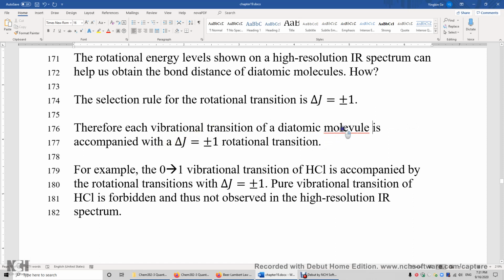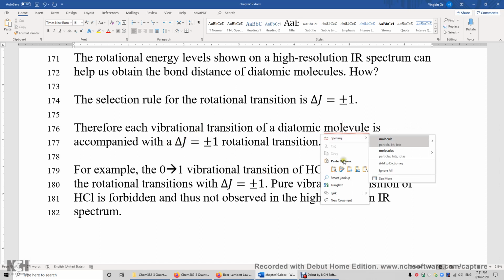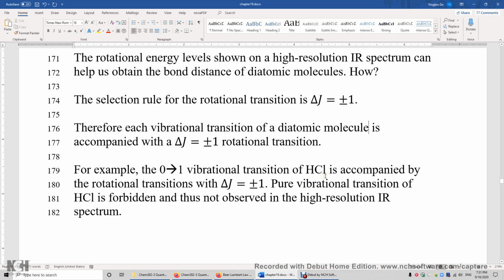For example, if we are looking at the 0 to 1 vibrational transition of HCl, it's always accompanied by a rotational transition with delta J equals either plus 1 or minus 1. A pure vibrational transition of HCl is forbidden and thus never observed in the high-resolution infrared spectrum. So again, this is very important.